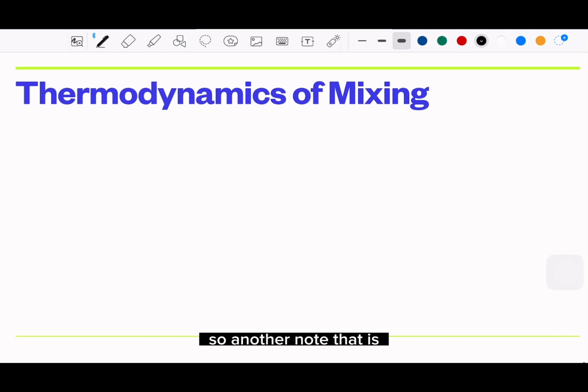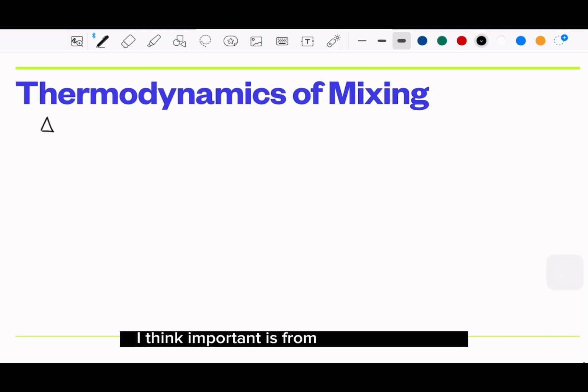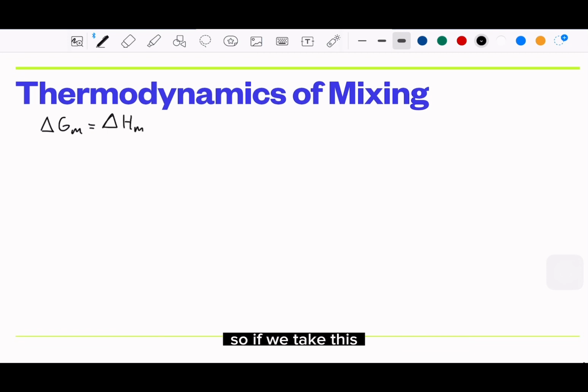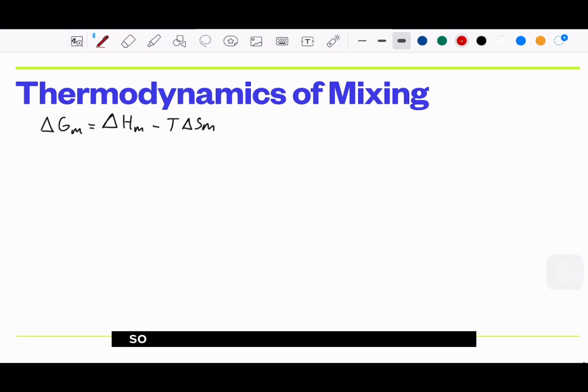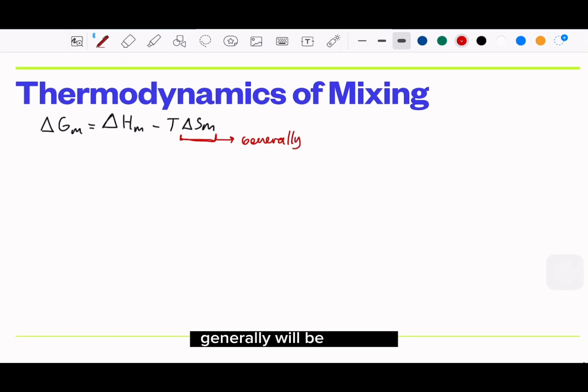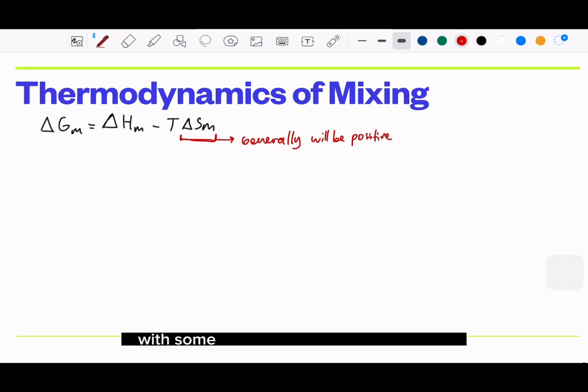Another note that I think is important is from the enthalpy side. Okay. So if we take this, this delta S will generally be positive. We are going to see this also later, with some mathematical formulations.